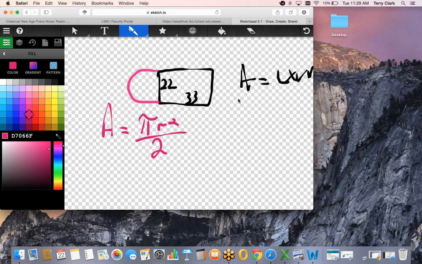Okay, so what we'll do is we'll take the information we got. The length and the width are 22 times 33.